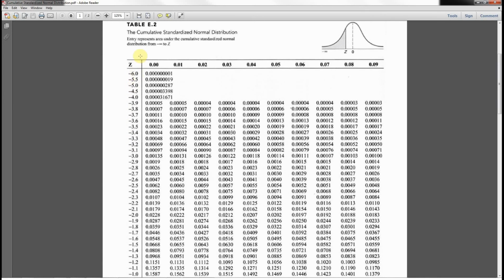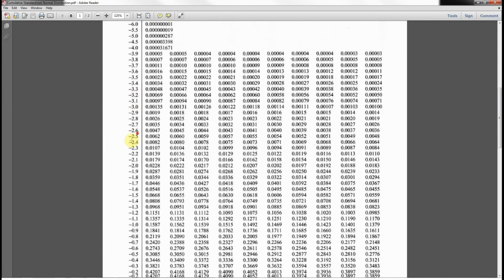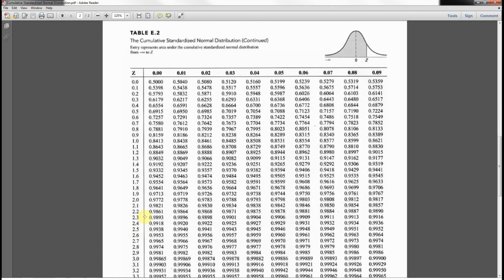So we go here, here's -6, and we keep going until we get over to 2, and here is 2 right here, and we want 2.000, so that's this value right here, and we see 0.9772. If we were looking at 2.001, we might go over here and see that its probability is 0.9778. Close, but not exactly the same.